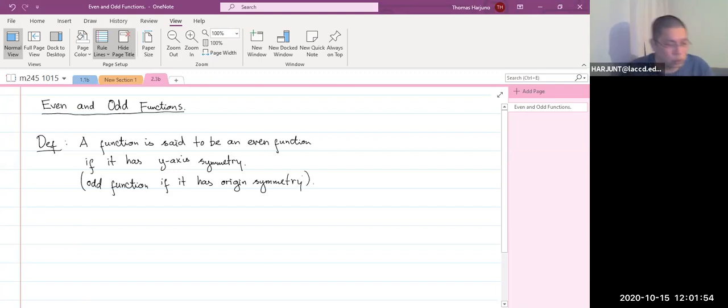Okay, so you will see then, consequently, to check if a function is even or odd, you need to show y-axis symmetry or origin symmetry, and the way we check that is by replacing the x by negative x. That's for the y-axis symmetry, okay? And replacing x and y for the origin symmetry.